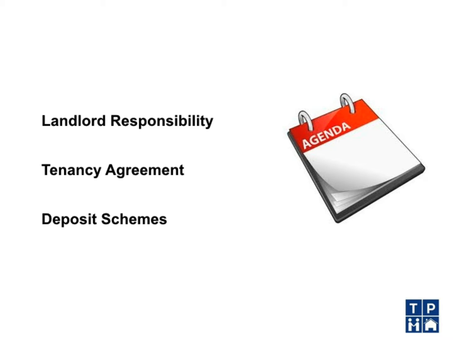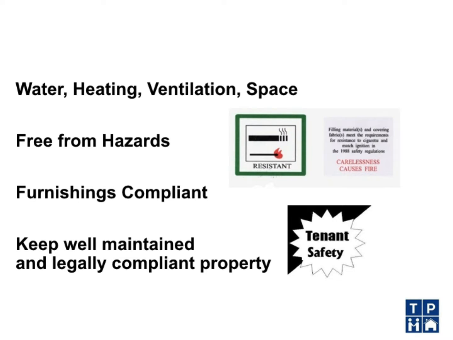So let's start off by just looking at the property itself and considering what it is that you need to provide. You're required as a landlord to provide fresh water, space which is adequate for someone to live in, heat, and ventilation. So what are some of the things that you need to consider within that?